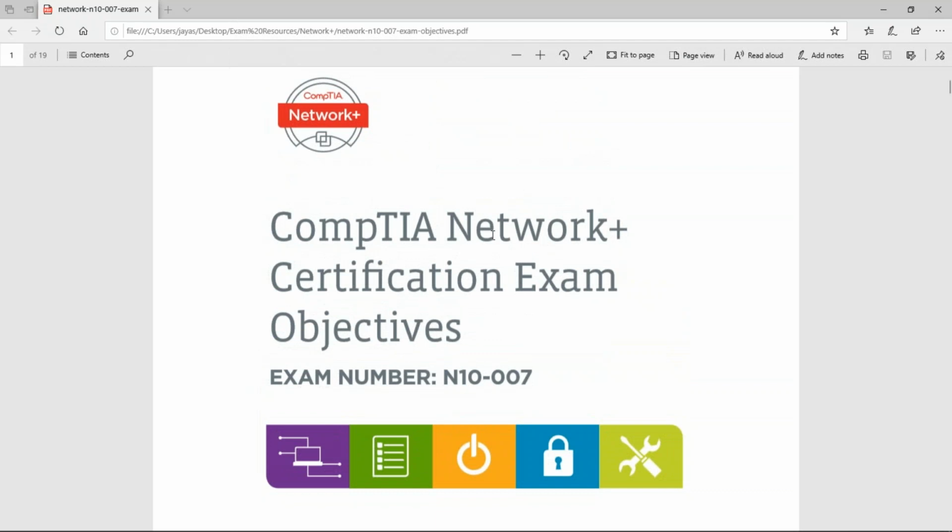But for the most part, this is a pretty network heavy exam. There's a lot of troubleshooting in it. So the troubleshooting steps are very important to understand, very necessary to practice, so you can get a feel for it.